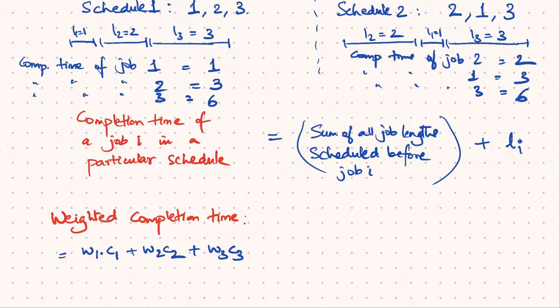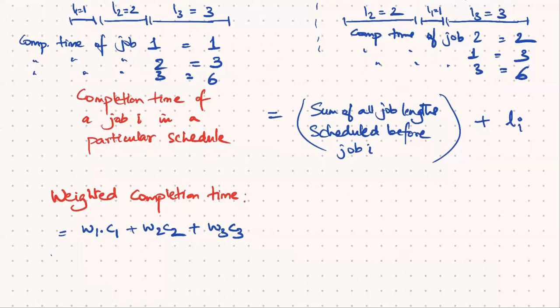So if we look at schedule 1, what would be its weighted completion time? Well, I haven't defined the weights of the jobs, so let's put some weights on them. Let's say job 1 has weight 3, job 2 has weight 2, and job 3 has weight 1.